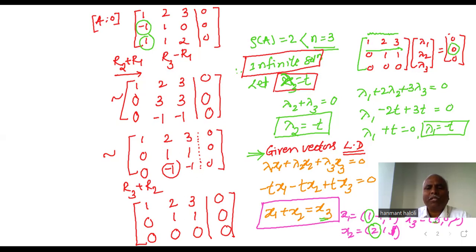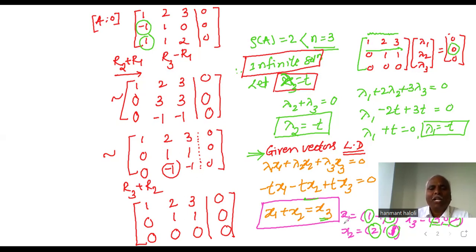Second, minus 1 plus 1 is 0. Next, 1 plus 1 is 2. Therefore, this relation is correct, meaning the addition of vectors x1 and x2 must equal vector x3.